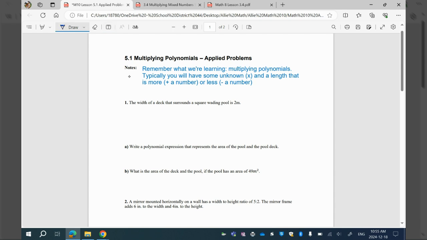So typically up until this point we've had something that looks like x plus 4 multiplied by 2x, subtract 3. And so when we go through these word problems, we're going to try to get to a place where we have something that looks like this that we can solve. So it's good to understand the problem, and good to think about where we are likely to be headed just based on what we're learning.